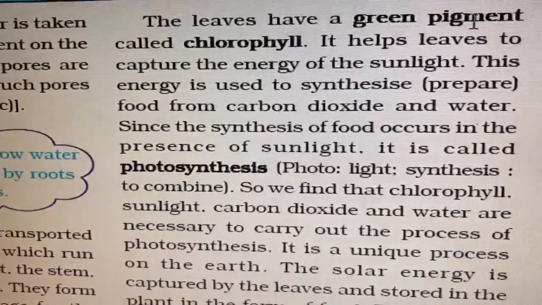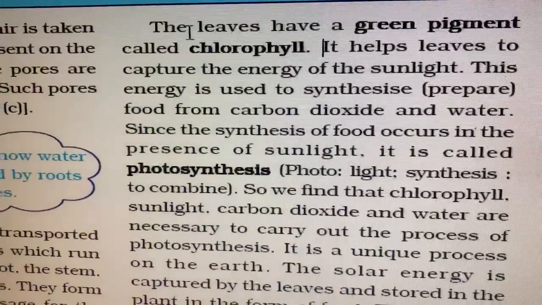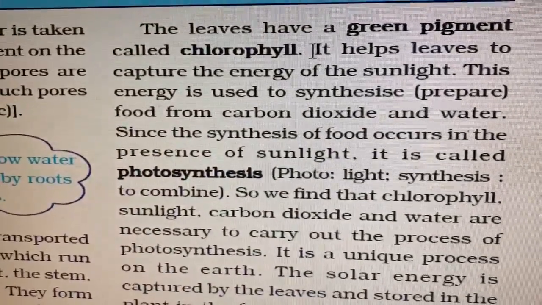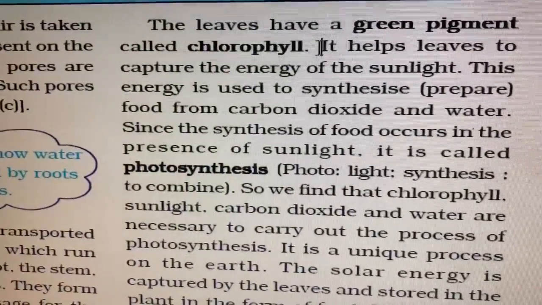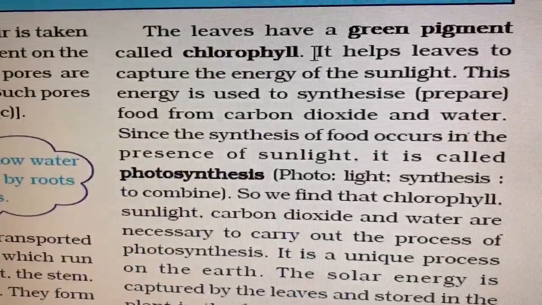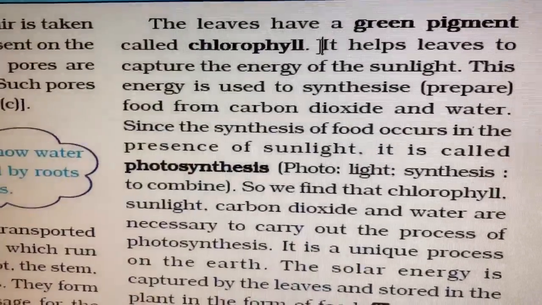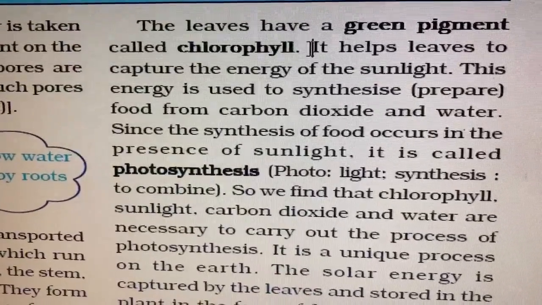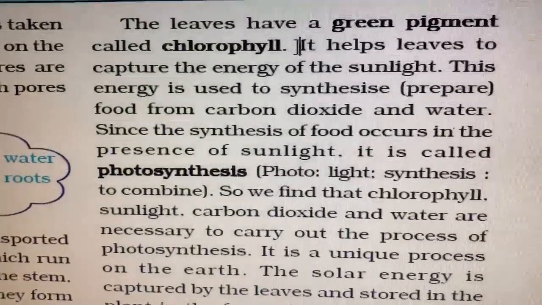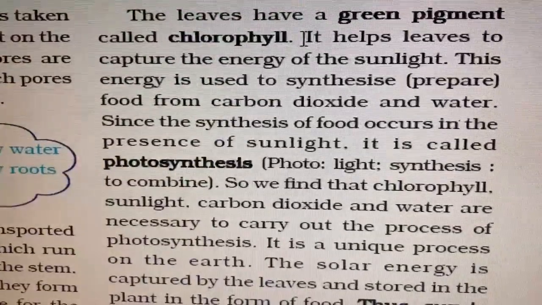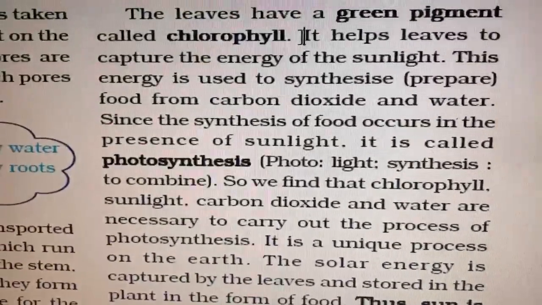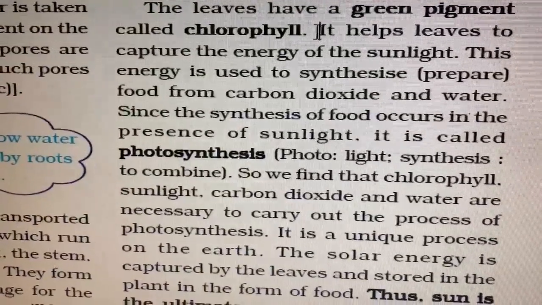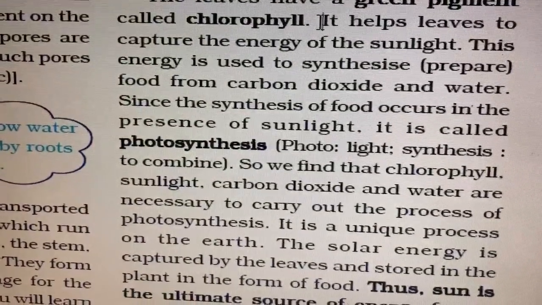The leaves have a green pigment called chlorophyll. It helps the leaf to capture the energy from sunlight. This chlorophyll acts as a magnet, in layman's words, and it captures the energy of sunlight, and this energy is used to synthesize food from carbon dioxide and water.